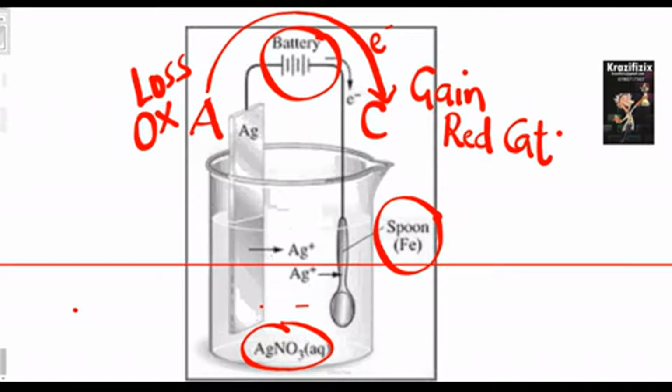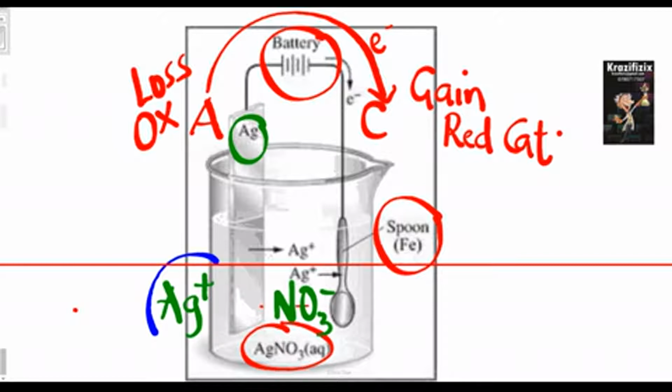What will happen? You have your AgNO3 breaking down into Ag+ and NO3-. And here you have your silver electrode. So what happens? We have a migration again.